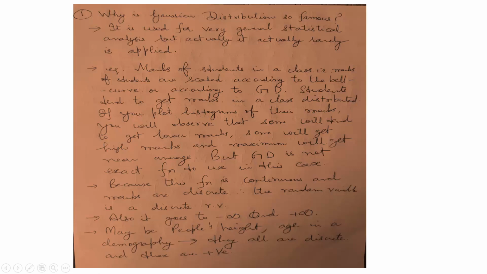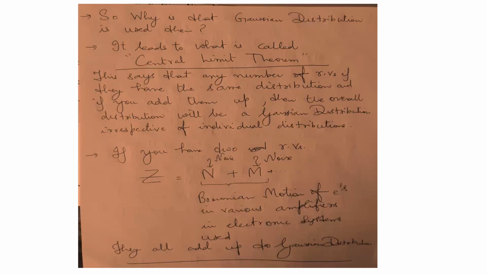There can be more discrete random variable examples, like people's height or age in a demography. They are all discrete random variables, and these values will be positive. So if you try to fit these random variables with this function, it may not be well suited to give an impression of the distribution.